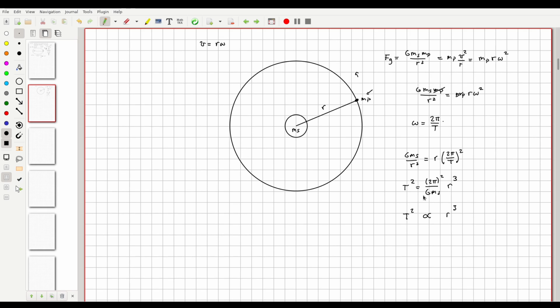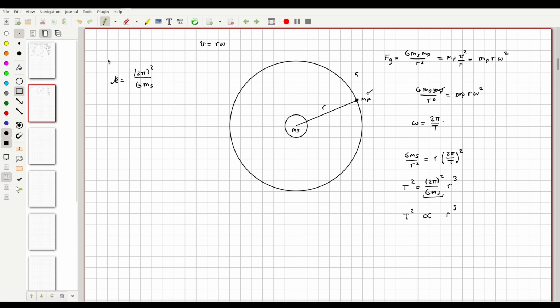Okay? Now, we also have an actual expression for what that constant of proportionality is. So here, our constant of proportionality, which I'll call k, is 2 pi squared over g times the mass of the thing that's being orbited.